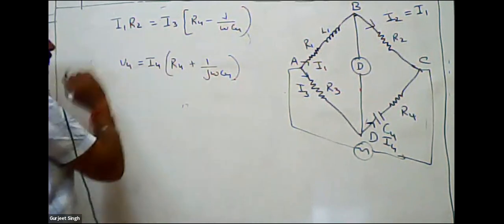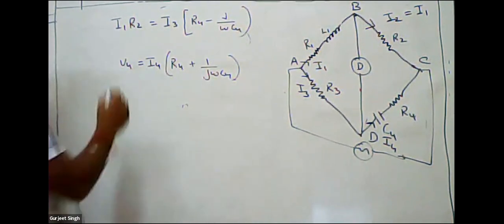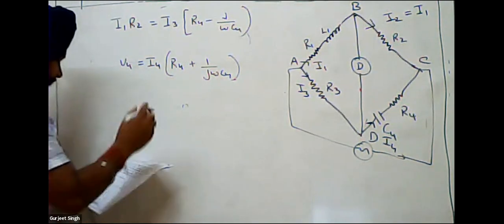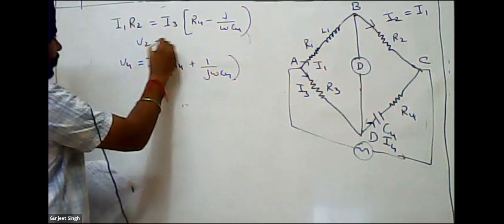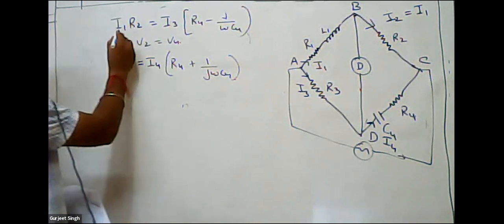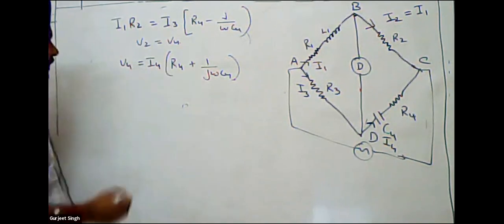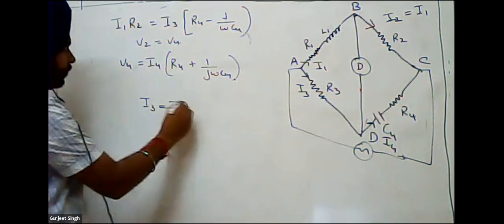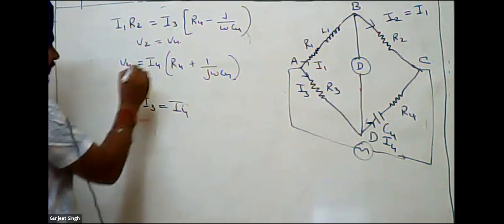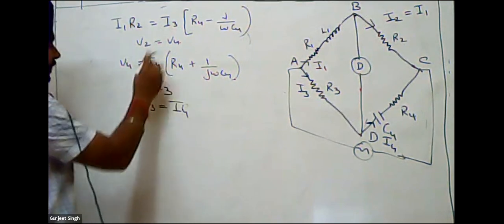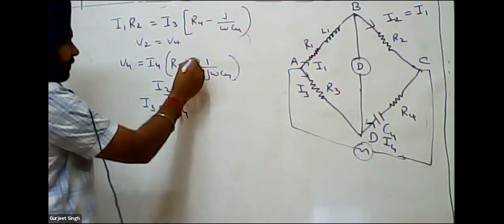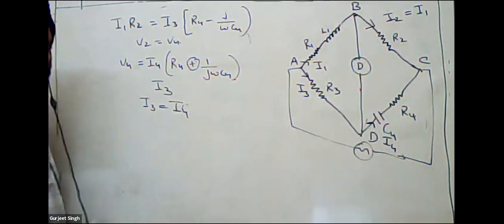But here we are equalizing the equations of V2 and V4, but I am writing I1 here and I3 here, because we have taken I3 equal to I4. So here I have written I3 R4 plus, here I have written the plus sign, but here it is the negative sign.